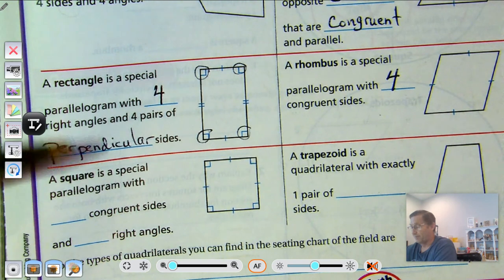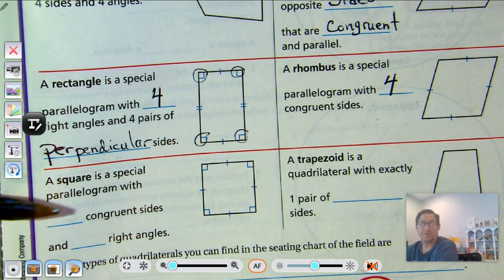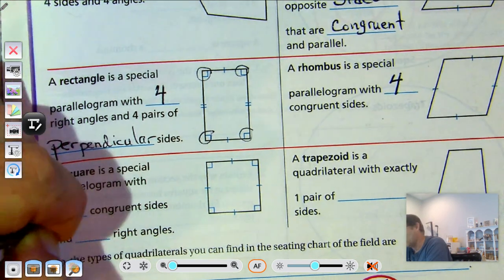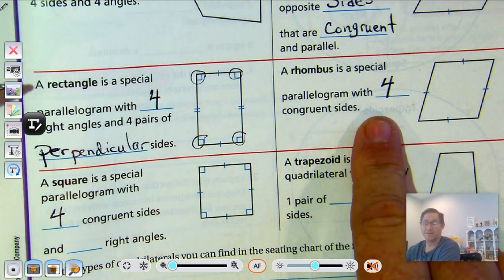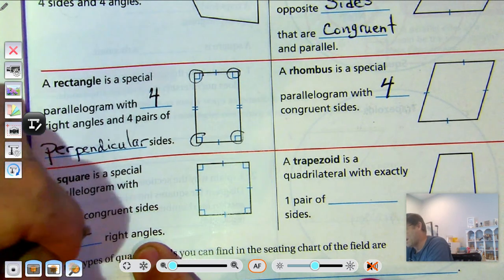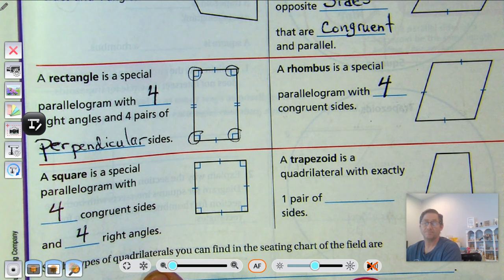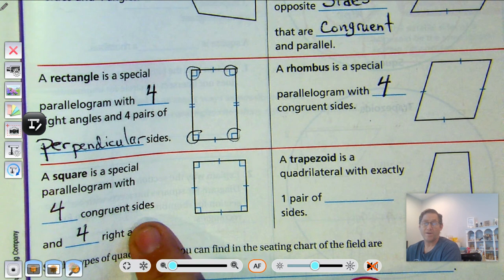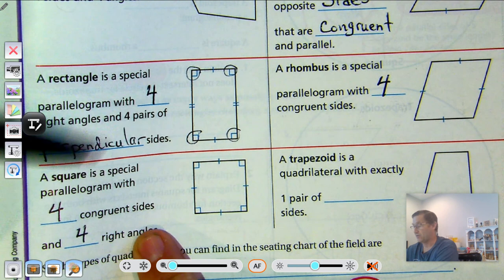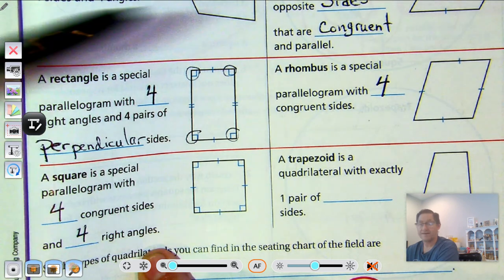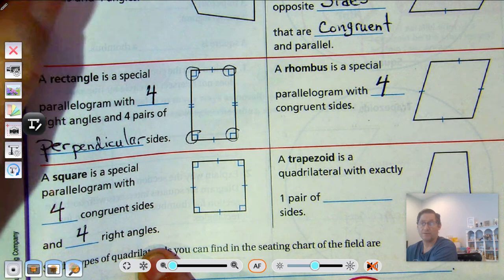A square is a special parallelogram with 4 congruent sides, just like a rhombus, but it has 4 right angles, like a rectangle. So a square technically can be called a rectangle and a rhombus, as well as a parallelogram.